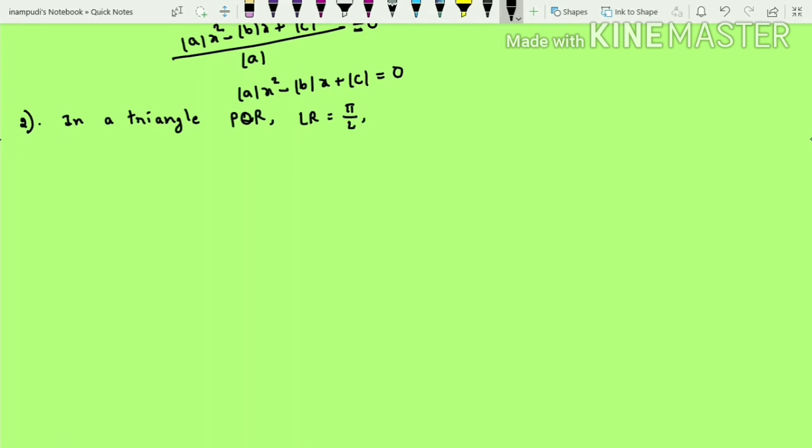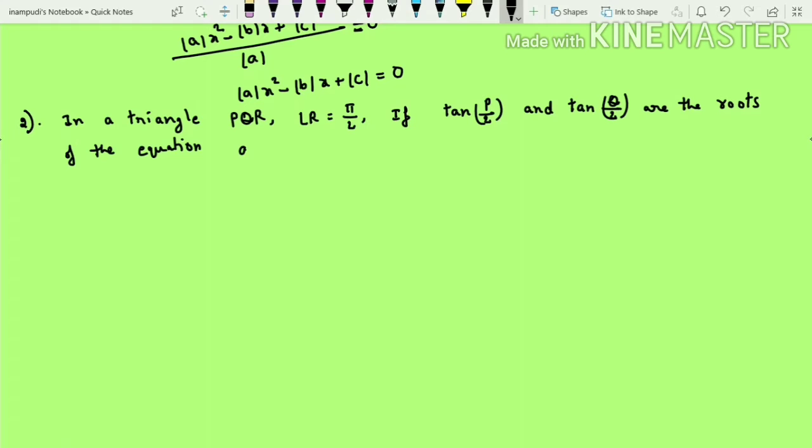If tan P by 2 and tan Q by 2 are the roots of the equation a x square plus b x plus c equal to 0, here a not equal to 0.